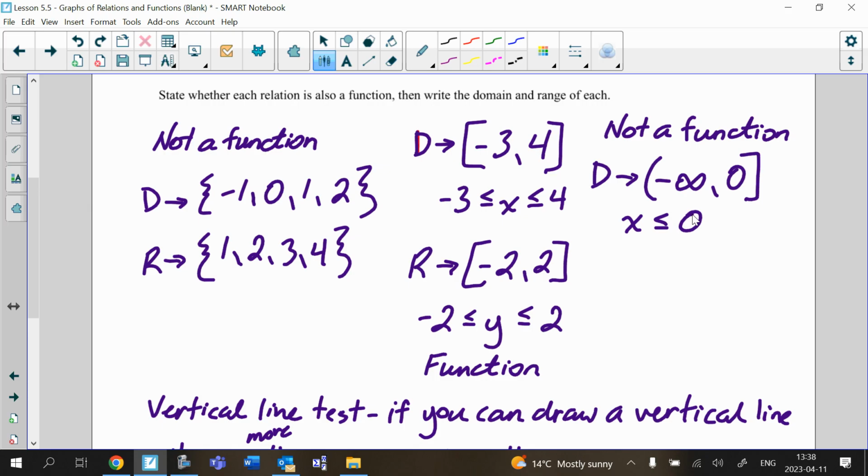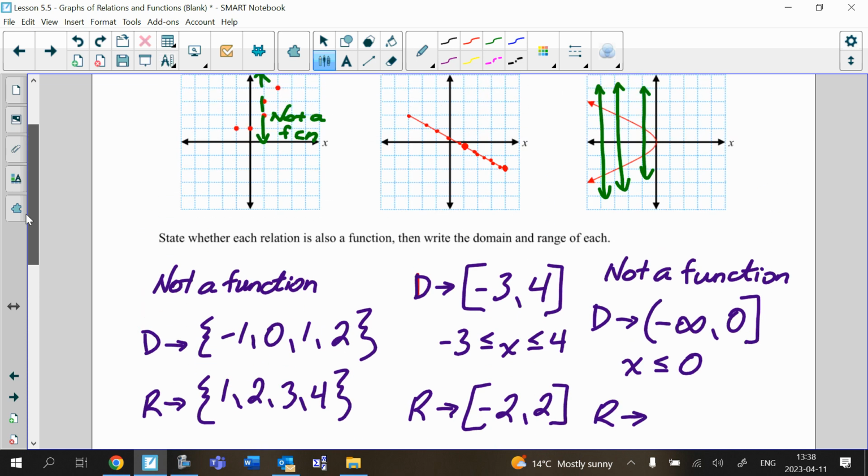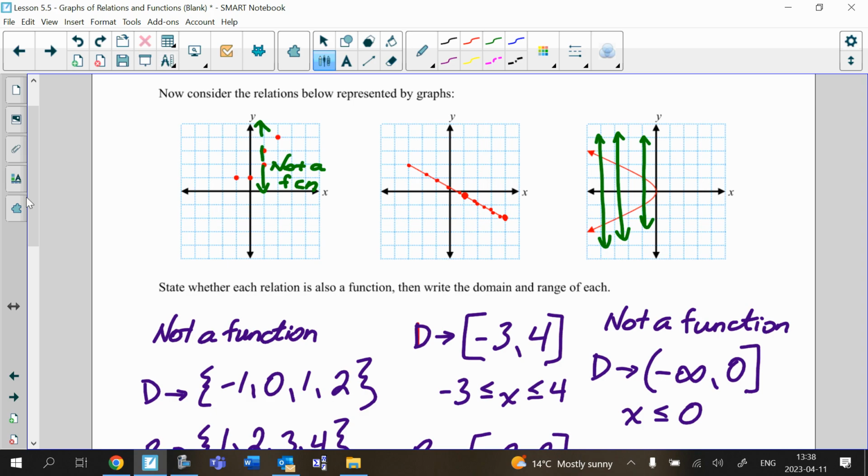And not only does this go to the left, it keeps going up forever. So therefore, the range is everything. In interval notation, it's negative infinity to positive infinity.